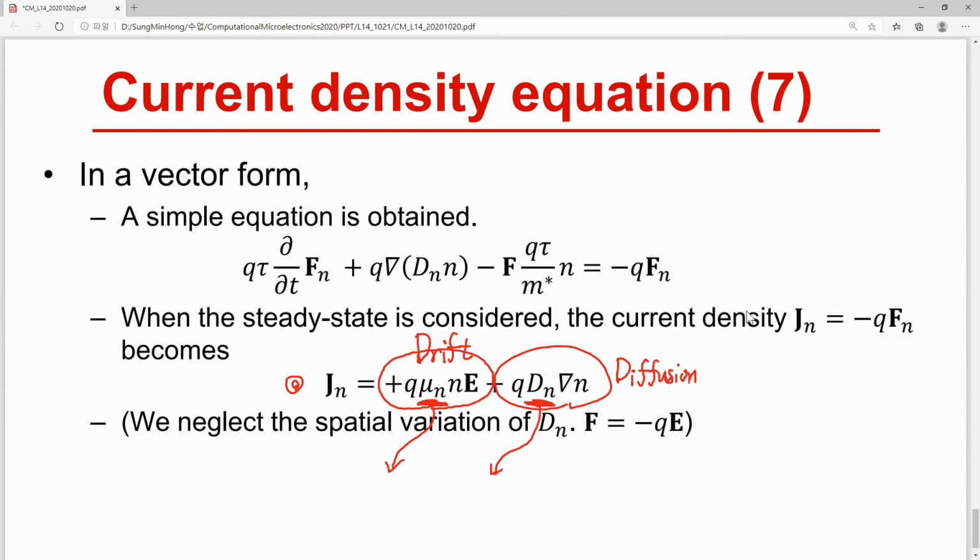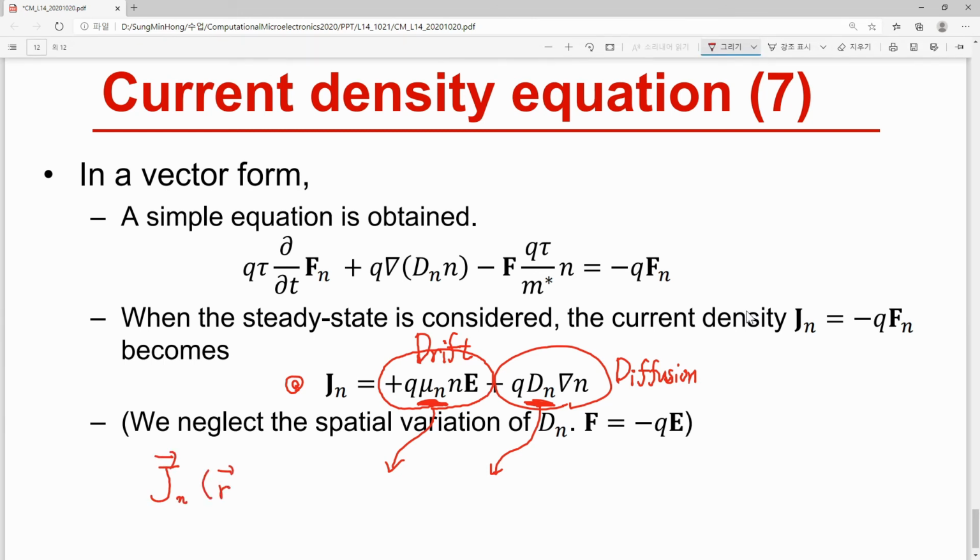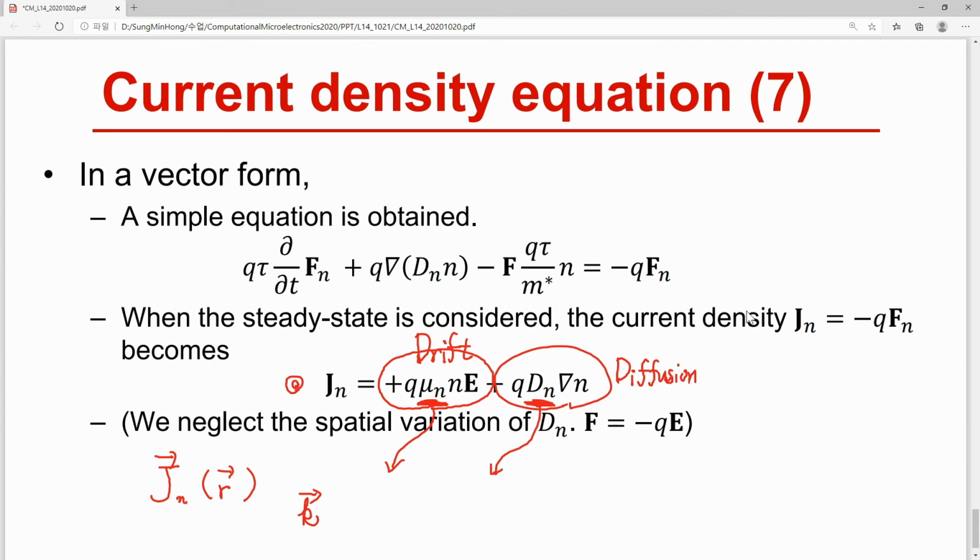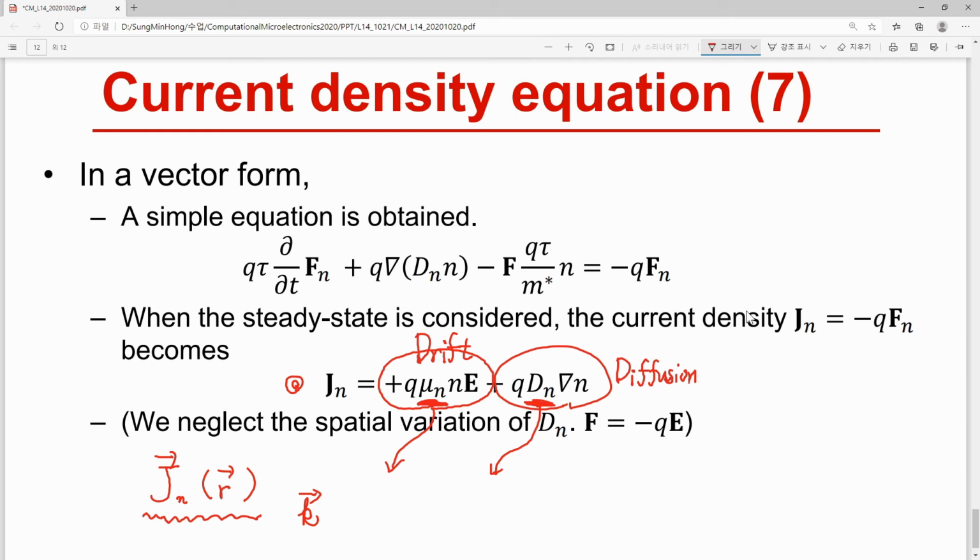However, anyway, this one is just a function of real space. No information is required for momentum space. So although we have sacrificed many beautiful things, physical rigor and accuracy, instead we have got efficiency depending only on real space.